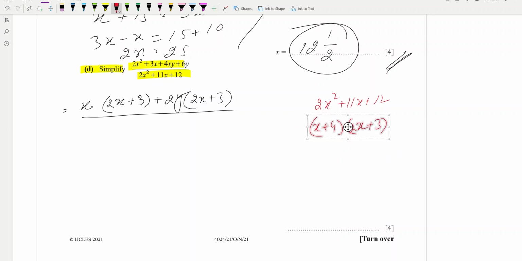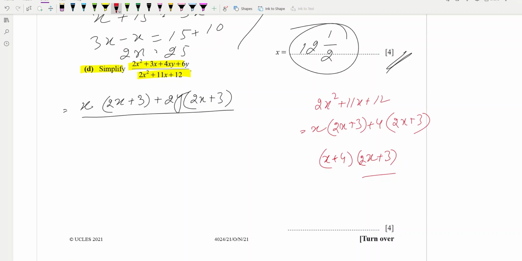So what we will do, we can keep a gap and write the intermediate step. The intermediate step will be x into 2x plus 3, and then plus 4, into again 2x plus 3, this will be your factorization. These factors we can write over here, and I will change color, so x plus 4 into 2x plus 3.